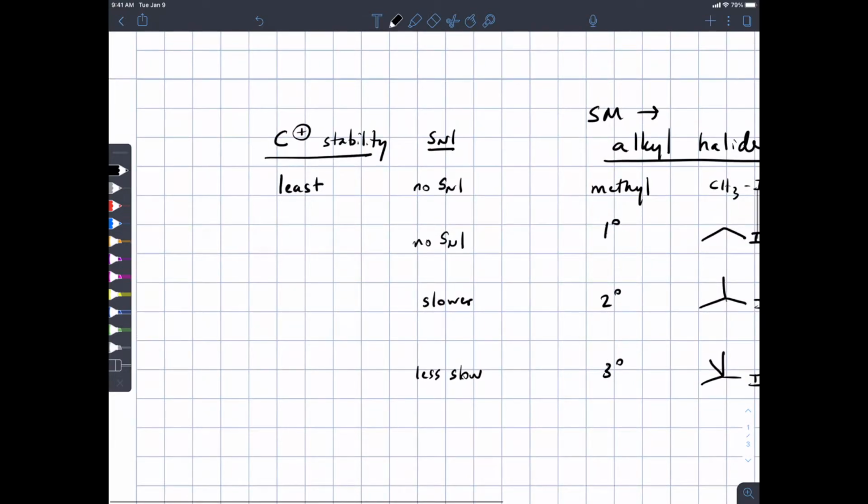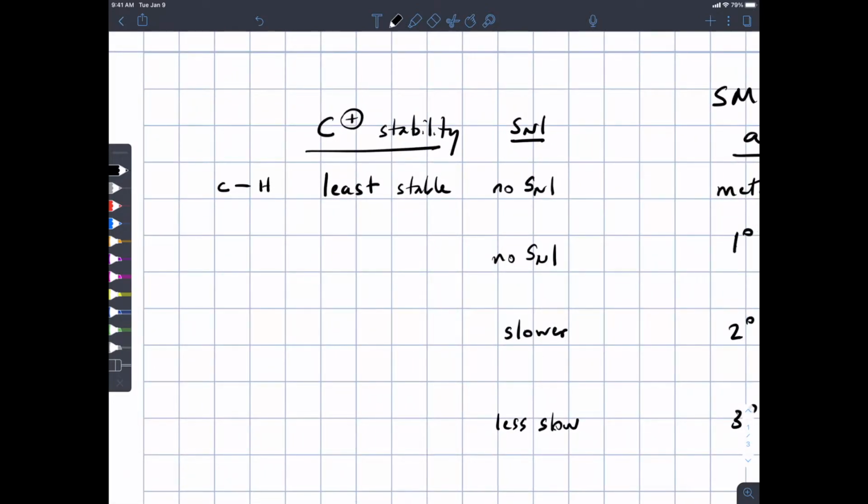Least stable is the methyl carbocation. We generally won't write the methyl carbocation as a reasonable intermediate in solution phase reactions in organic chemistry. If you're in space or in a vacuum, it's a different story. In contrast, tertiary carbocations are reasonable intermediates in organic reactions in solution because they're stable enough to be observed.